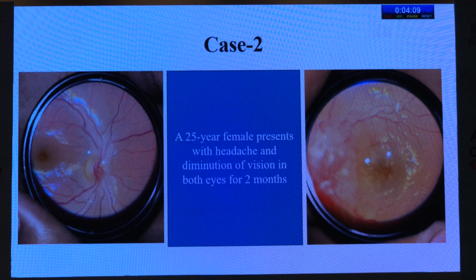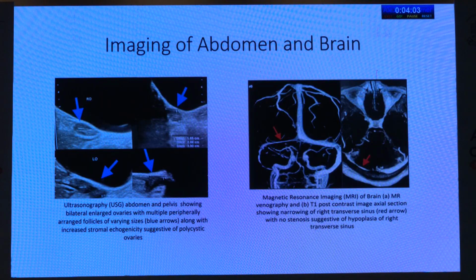Since she had a CT, we asked for an MRI, and the MRI was almost normal in this patient. We went further with a neurologist consultation. We did an MR venography, and what you can see in T1 post contrast is a narrowing of the right transverse sinus, suggestive of hypoplasia of the right transverse sinus.